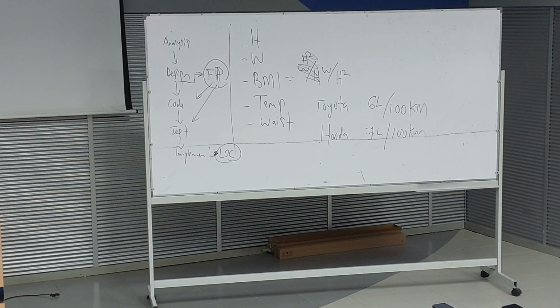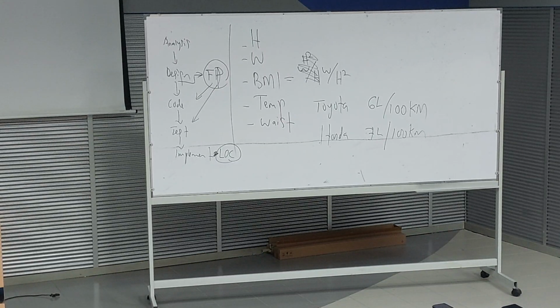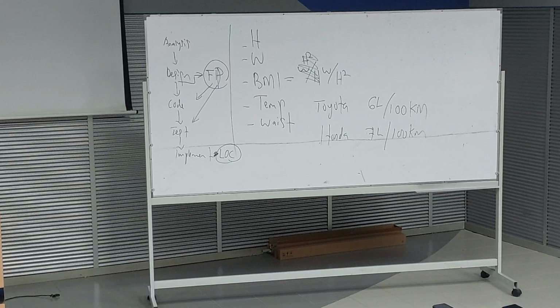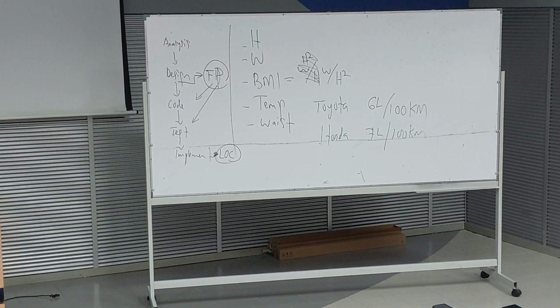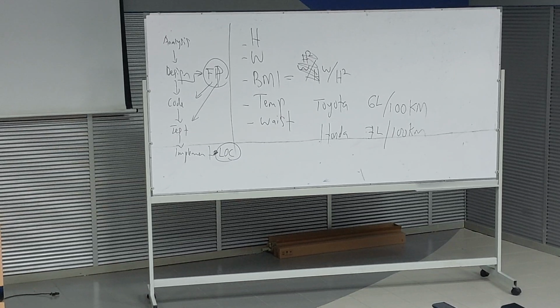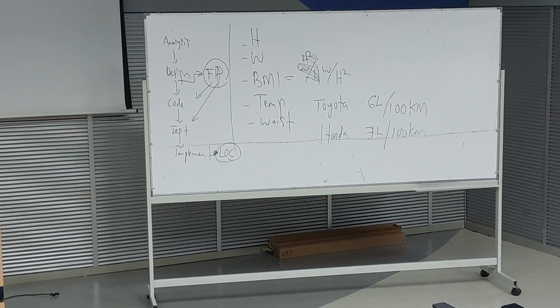If a program has 100 defects and 10,000 lines of code, you can calculate defects per 1,000 lines of code as 100 over 10,000 multiplied by 1,000, that is 10 defects per 1,000 lines of code.